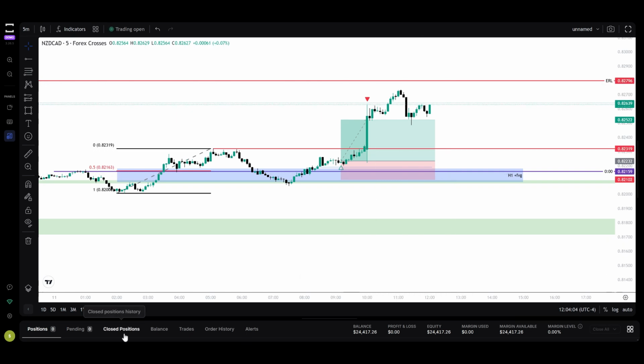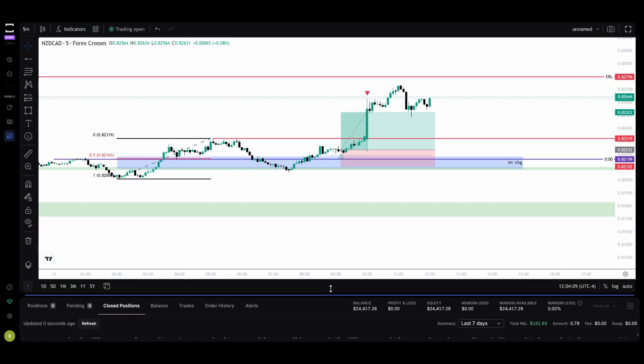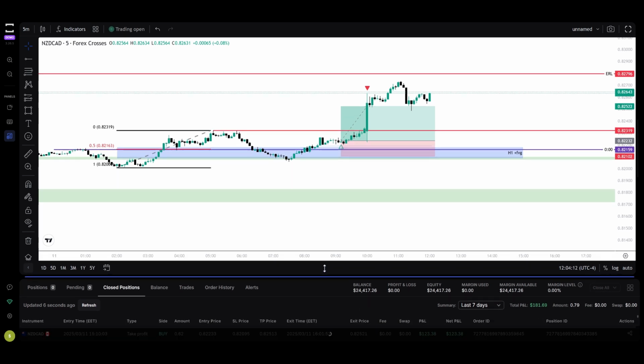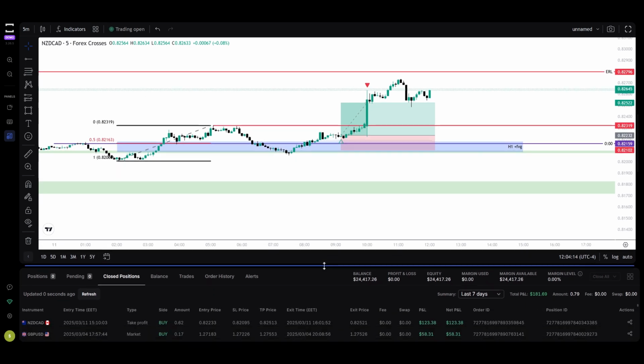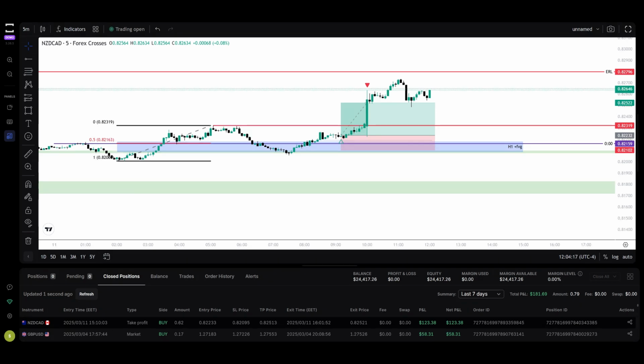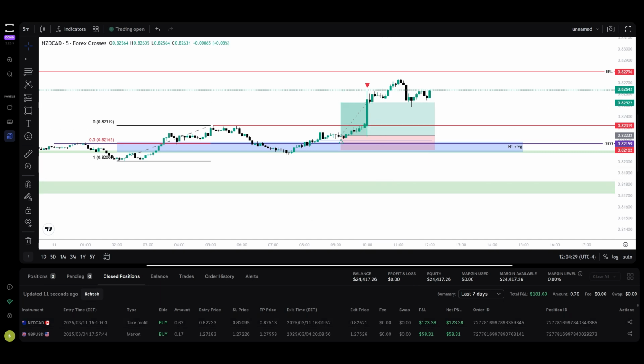I do want to show my closed positions for today. So here's today, NZDCAD, entry price, that's my stop loss and take profits, and then the P&L. I risked 0.25% to make 0.5%, and we got that here.